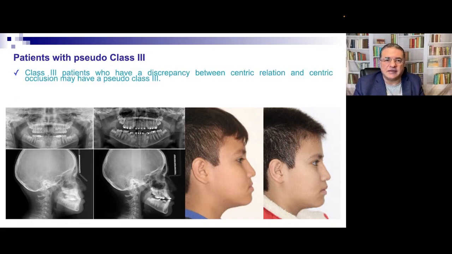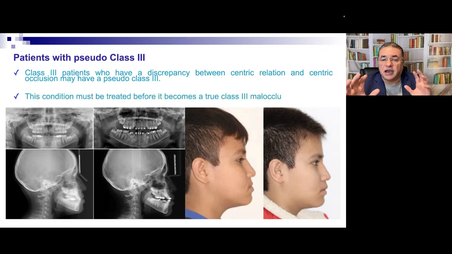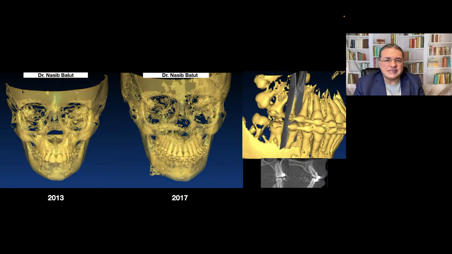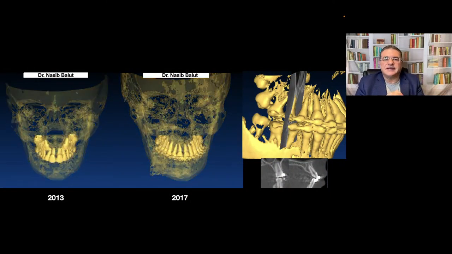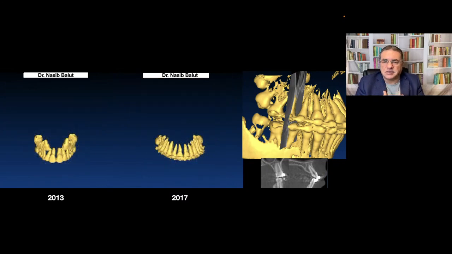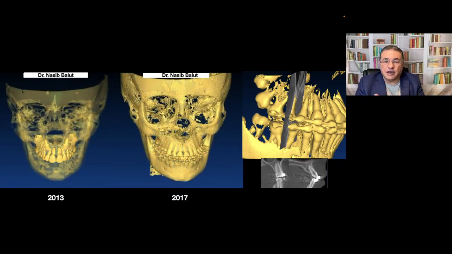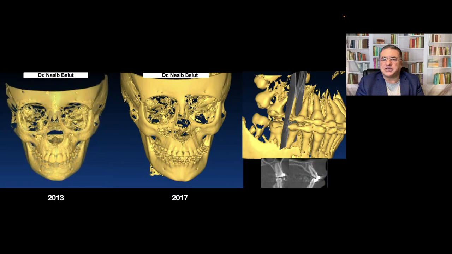So I think there are a lot of benefits when we treat our patients at these stages. So the CBCT is going to help us a lot in the arch development of our patient.